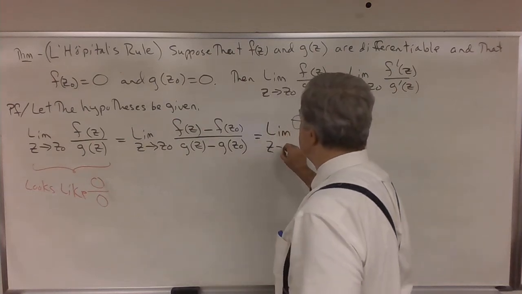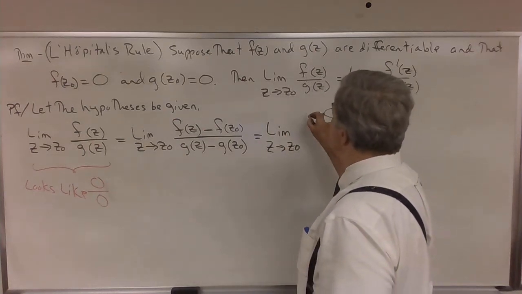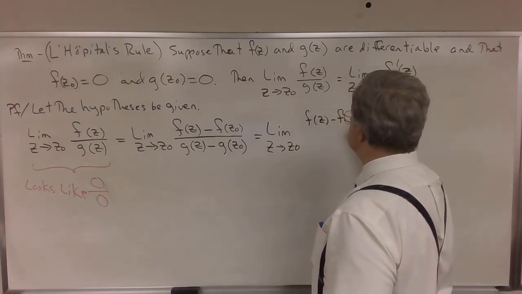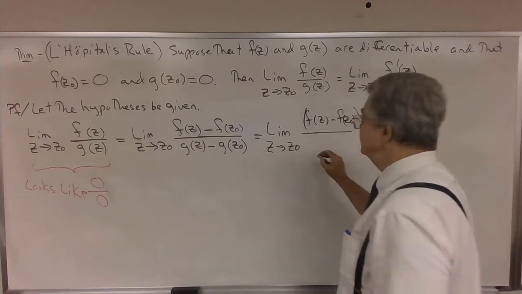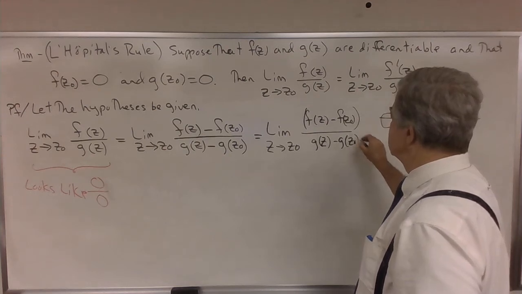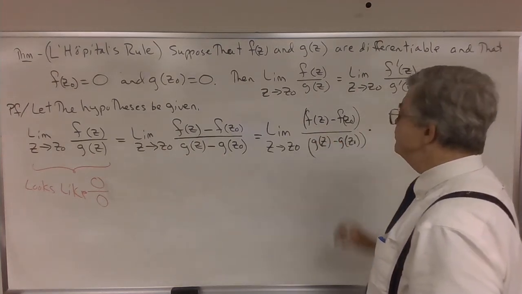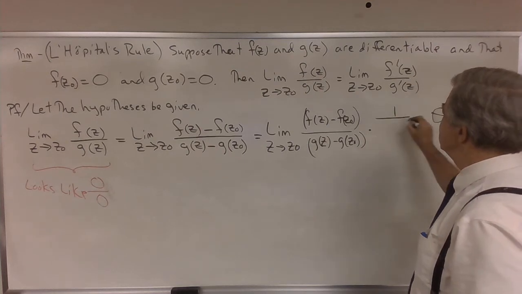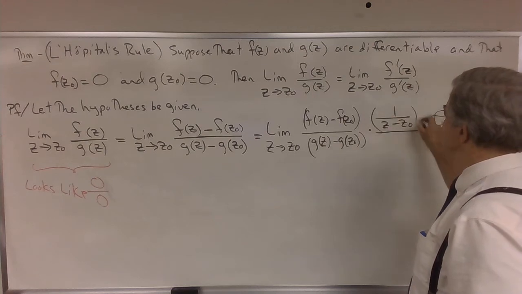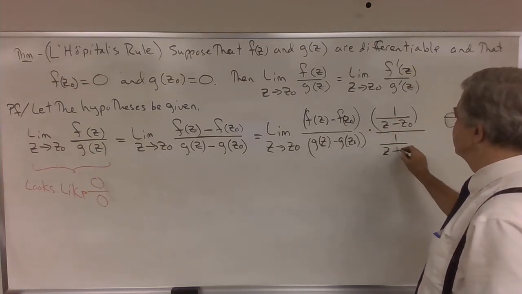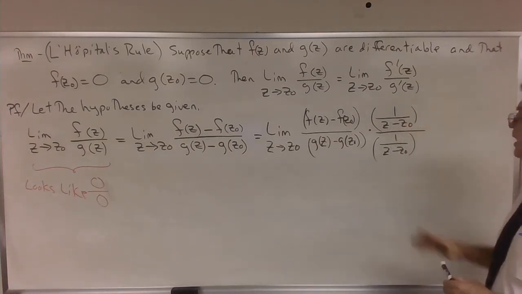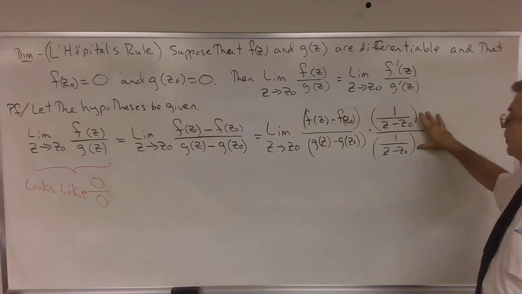Okay. Now I have f of z minus f of z naught over g of z minus g of z naught. And what I propose is that I multiply top and bottom by 1 over z naught. I'm sorry, 1 over z minus z naught. And I'm just multiplying by 1 here.